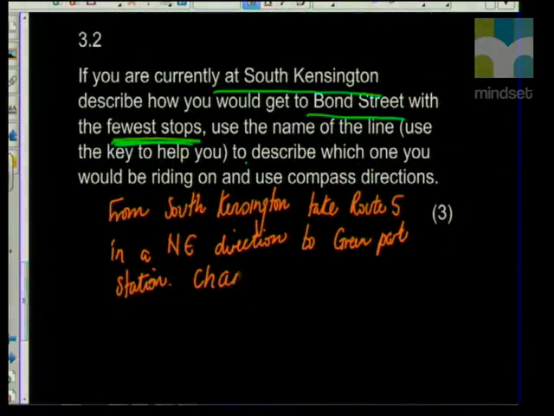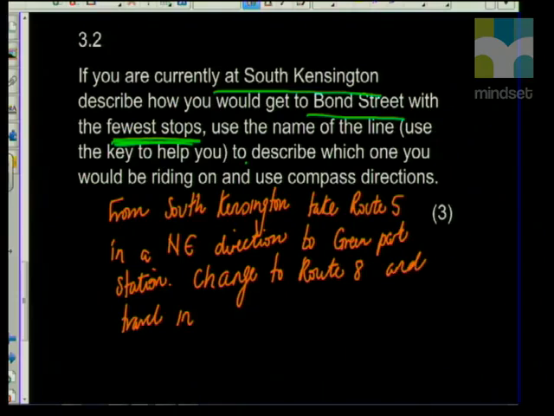So I'm going to change to Route 8 and travel in a northerly direction to Bond Street.